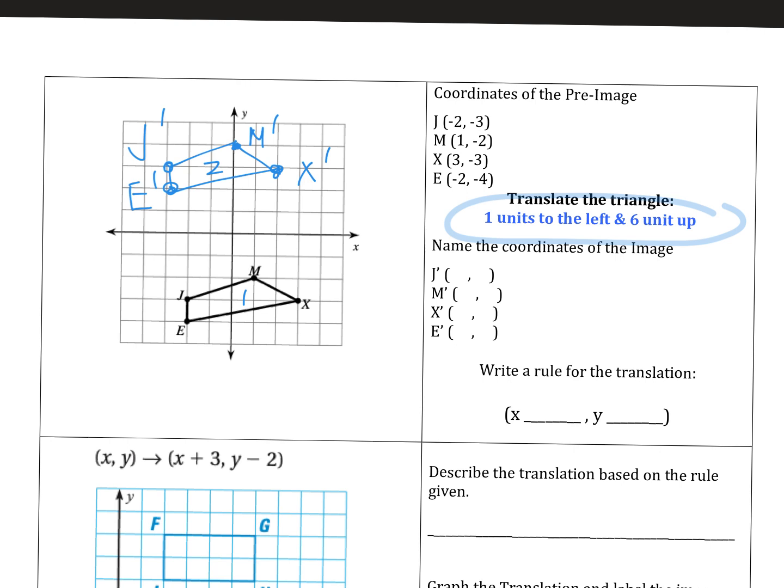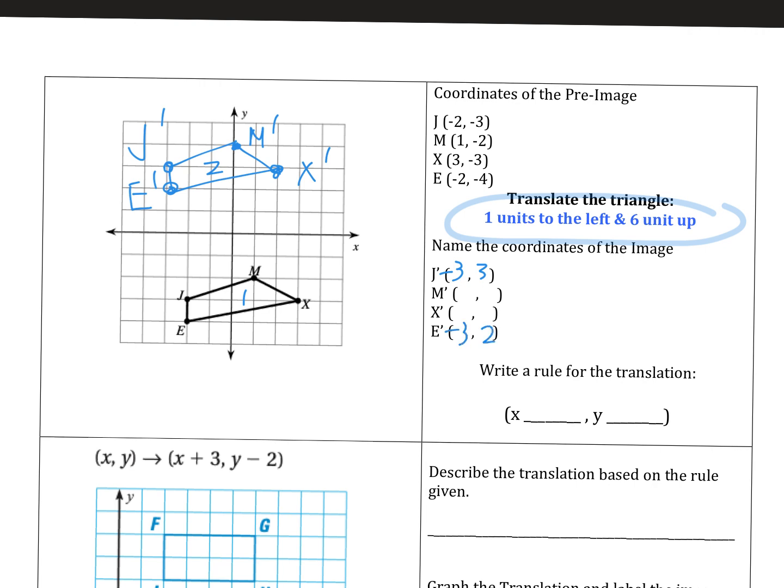So my new letter J is -3 and 3. Oh, I'm sorry, that's not E. My new letter E is -3 and 2.